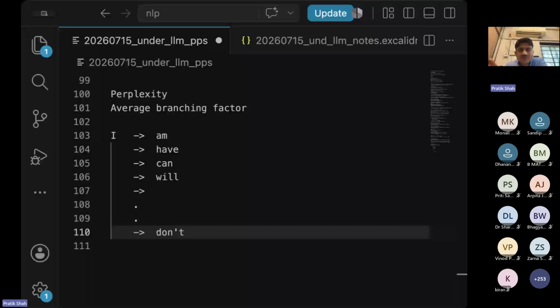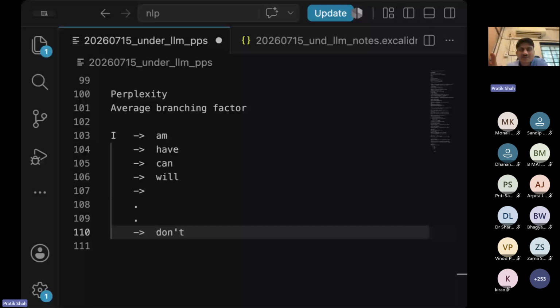So I has 20 branches to follow. Every word would be associated with its own branching factor. Based on the language English, all these sentences, I can find out how many different ways I can start from I and go forward. All of them are branches, different branches. So for every word, if I have this information, I can prepare a tree.